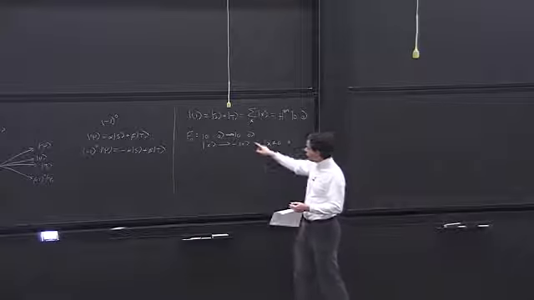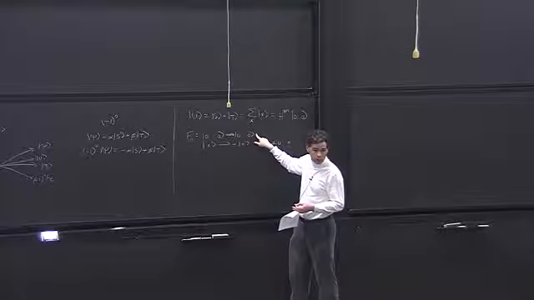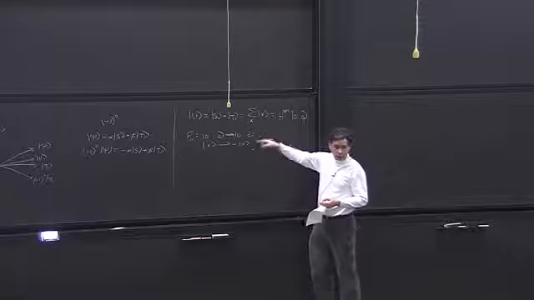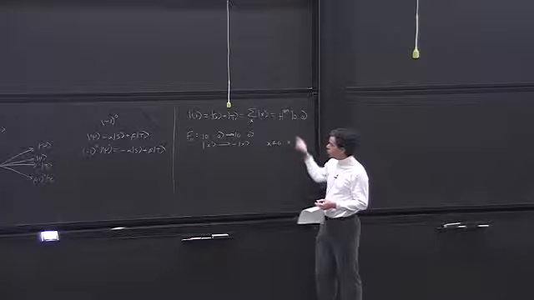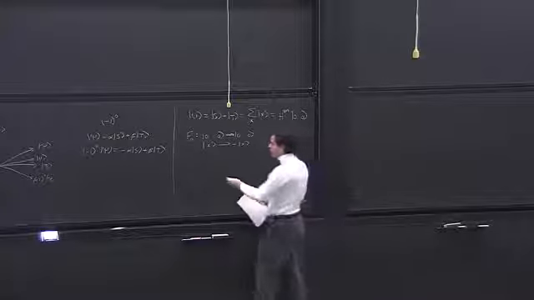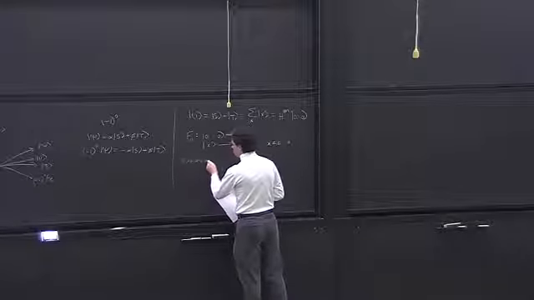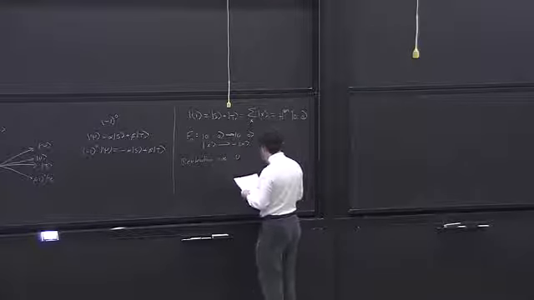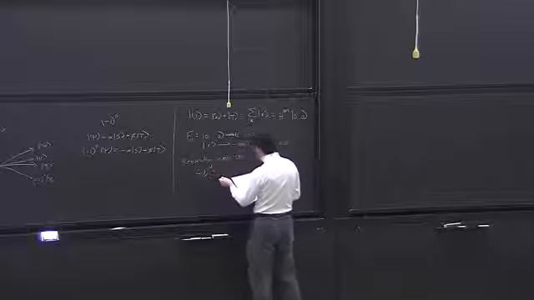OK, so this gate here is a reflection over the all zero state. And the all zero state is related to the U state, which is in our subspace, via the Hadamard transform. So what we can do is make a reflection over U. What am I going to call that? (-1) to the U. And what is that going to be?